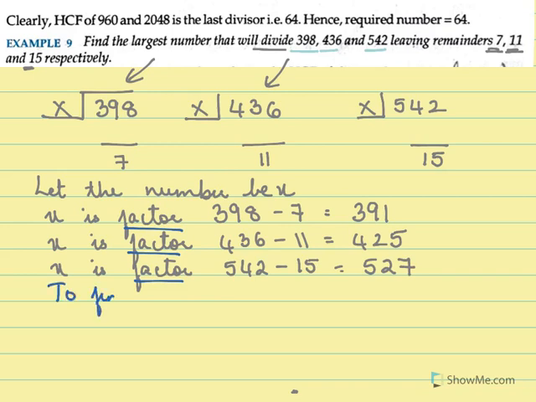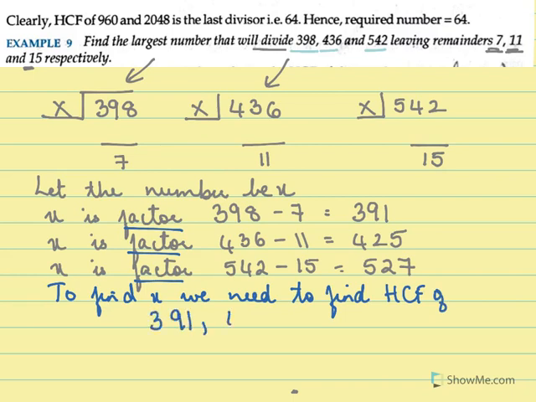Now to find x, you know it is factor, factor, factor. So to find x, we need to find the HCF of 391, 425 and 527. So to find the HCF, we do prime factorization. First we take 391. 391 is 23 into 17.